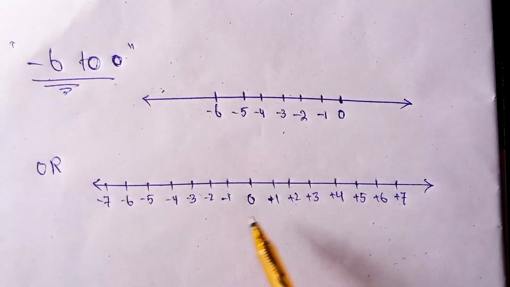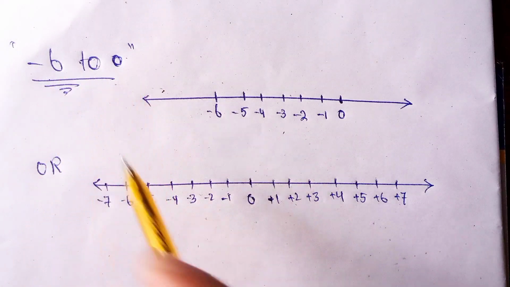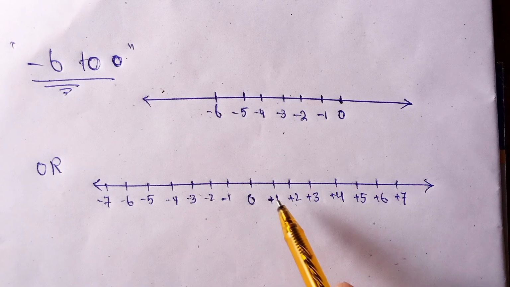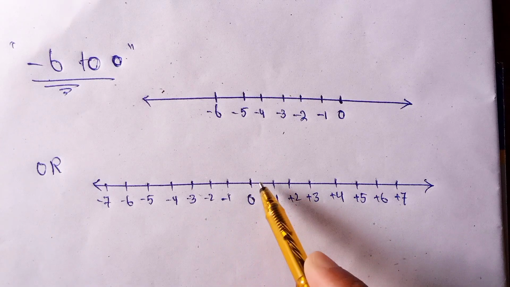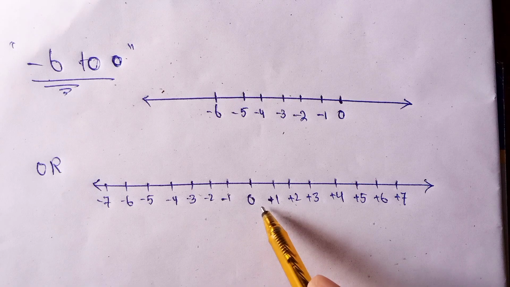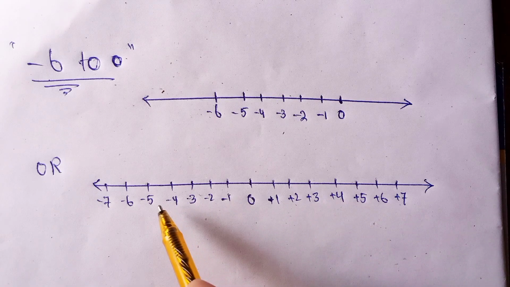Now here is another method that you can follow to represent the integers from -6 to 0. Simply, just like we did before, draw a number line and mark 0 as the central point or the reference point of the number line. Label integers to the right as positive and to the left as negative.